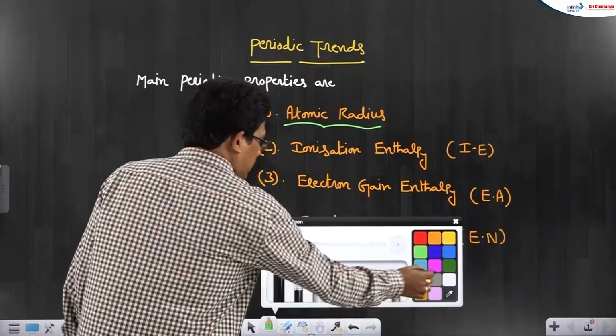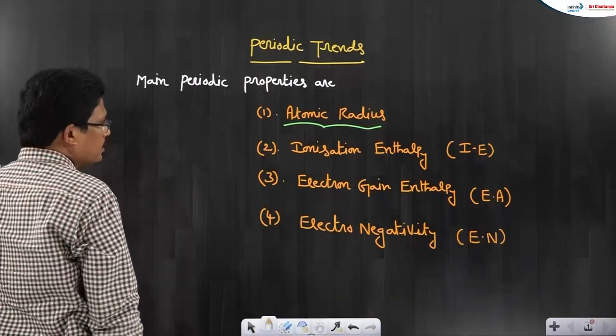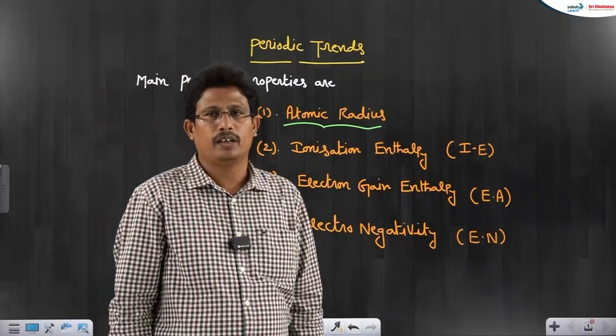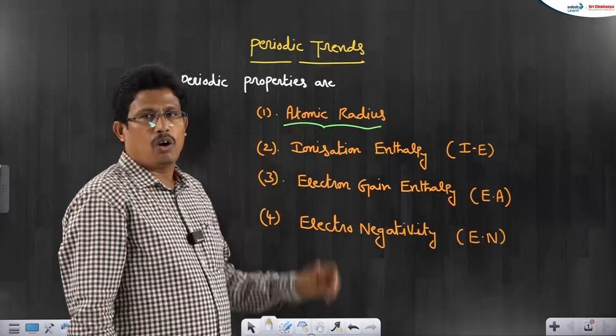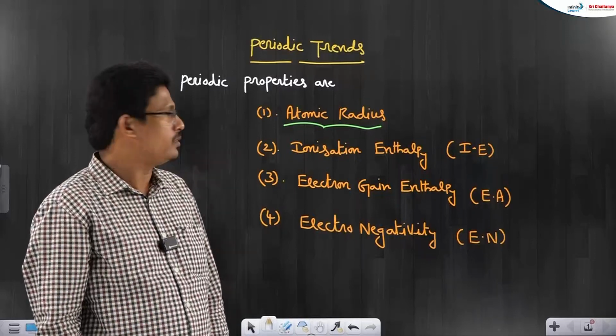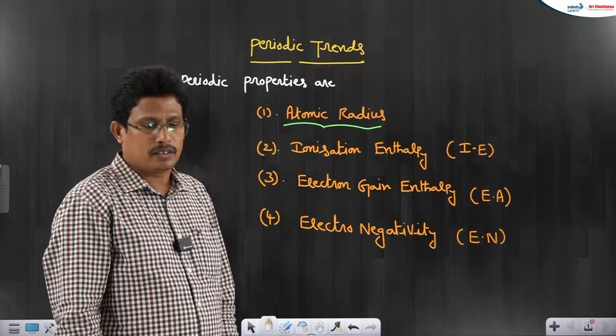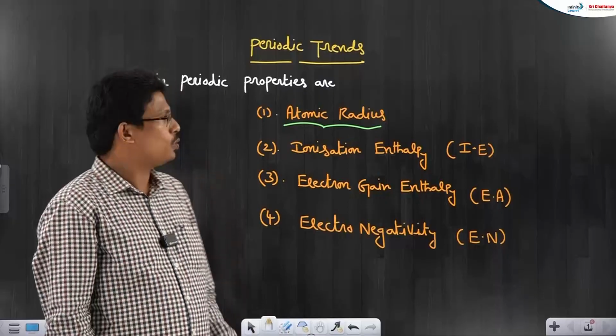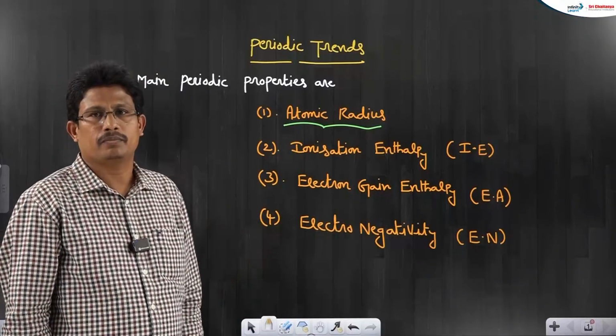You know about radius? Radius is nothing but the distance between the center of the nucleus to the outermost electron in that atom, that is called atomic radius. It is not possible to determine radius exactly.